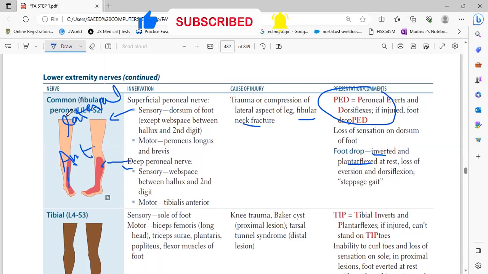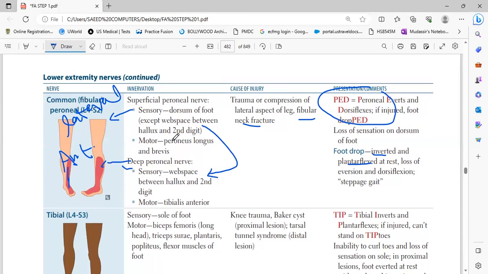The superficial peroneal nerve goes to the lateral compartment. It is sensory to the dorsum of the foot, except the web space between the hallux and second digit, because this area is supplied by the deep peroneal nerve.